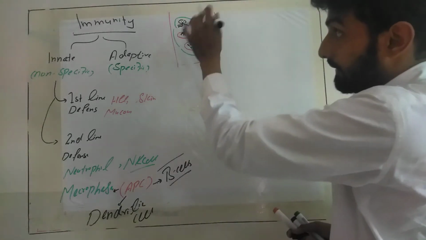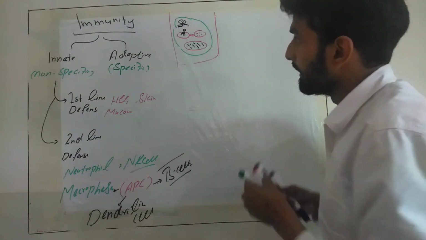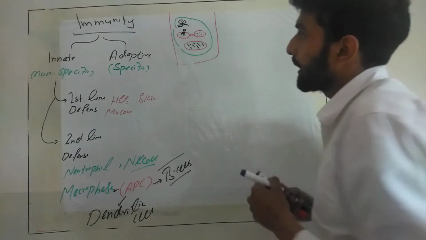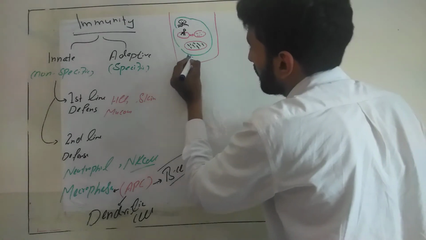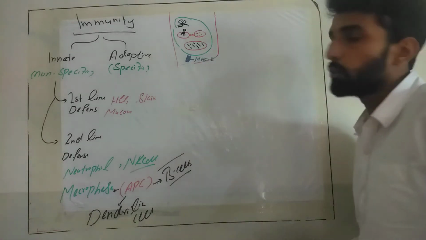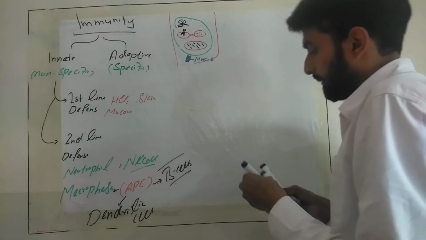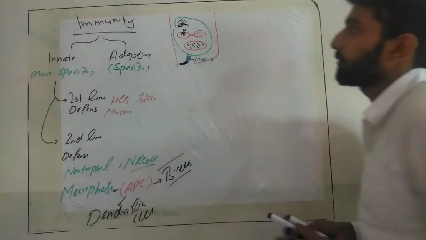Okay, now this is a macrophage in the tissue. Now these fragments will be expressed on a protein called major histocompatibility 2.